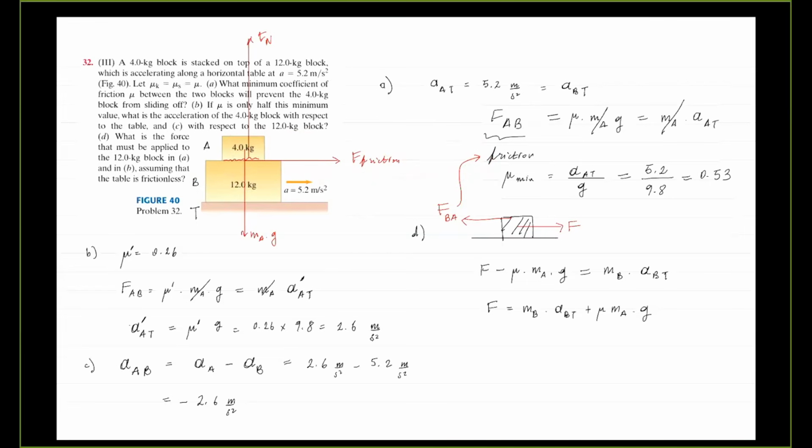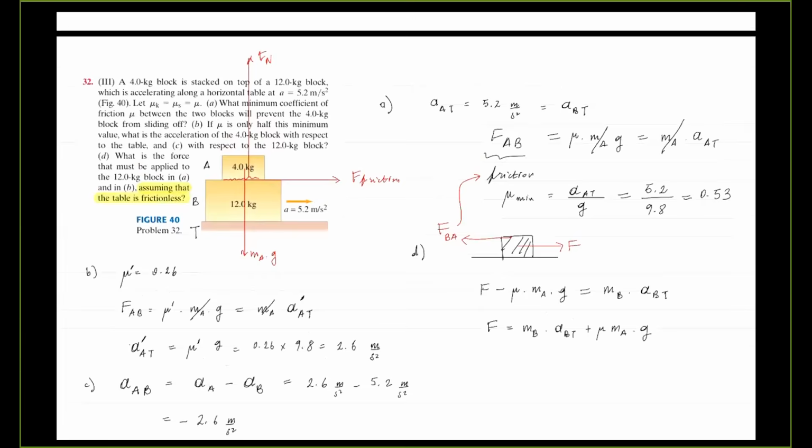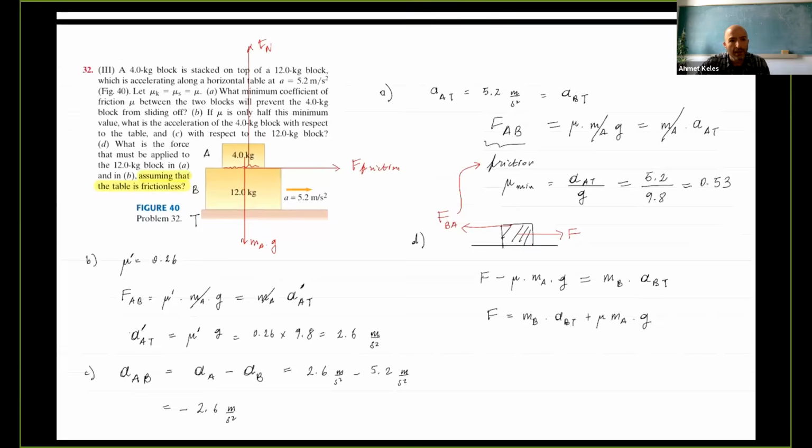Hocam, where is the table friction in D? There is no table friction, right? It says here, assuming that the table is frictionless. But it says in B. I know. Am I wrong?